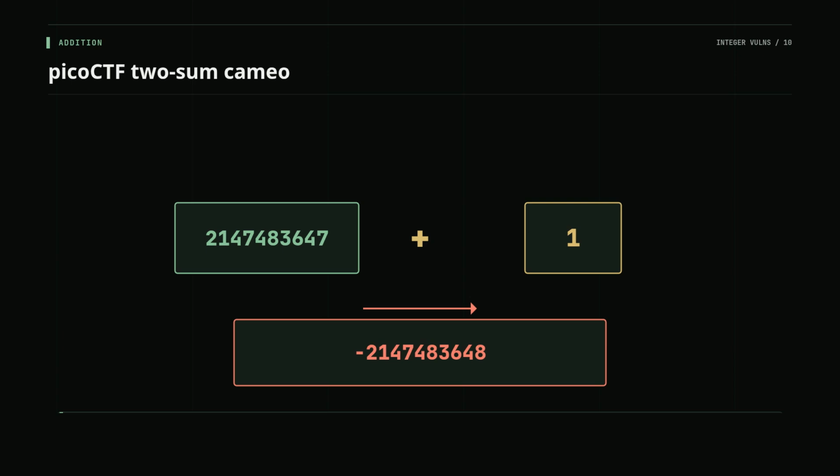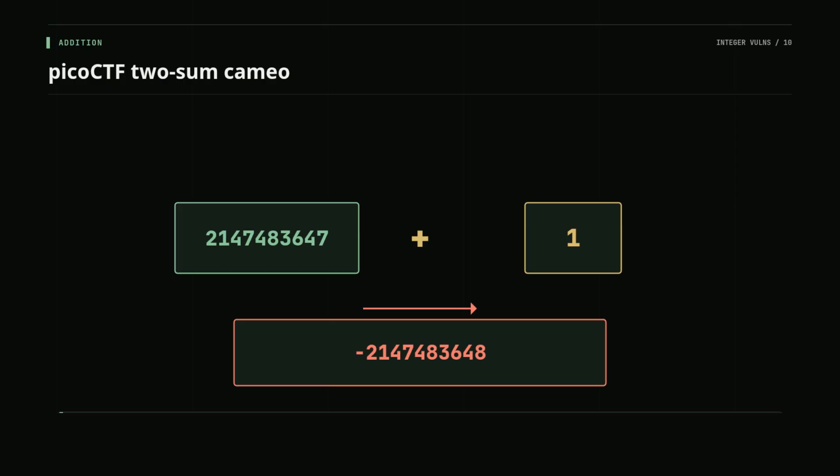PicoCTF has a tiny challenge called toSum. The program adds two signed integers. If two positive numbers produce a negative result, the program knows the addition wrapped. So the classic input is 2,147,483,647 plus 1.